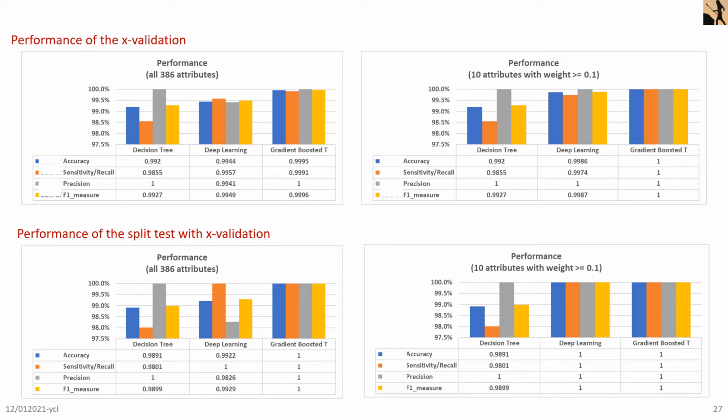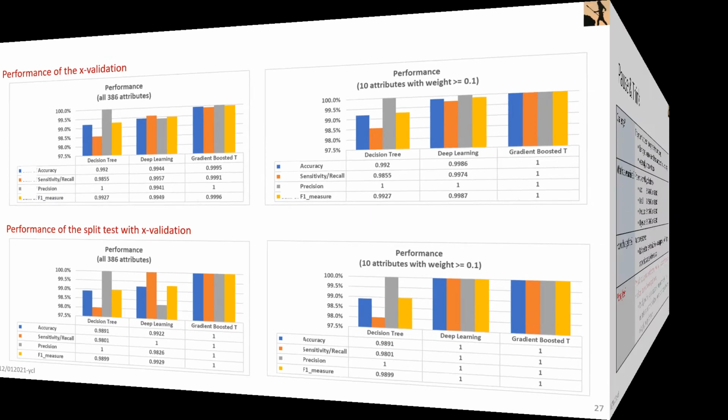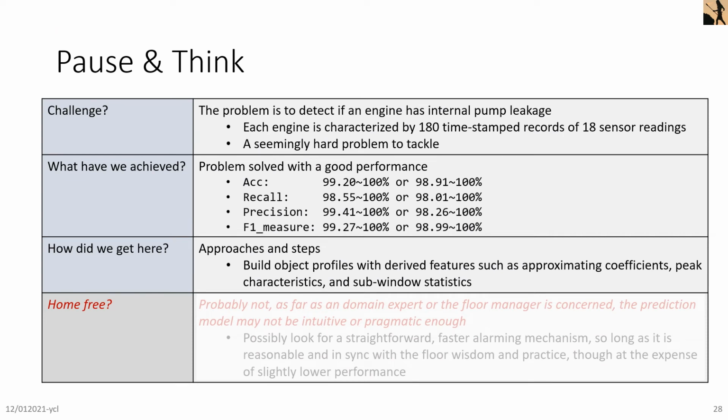And then on the bottom, after the cross-validation, we do an independent test. Of course, we had split the data before the training, before the cross-validation. So you can see, and probably some of you can find out, that some models and some settings, some configurations, are more robust and less overfitting. Okay, but anyway, sorry to rush it a little bit, but let's pause and think here.